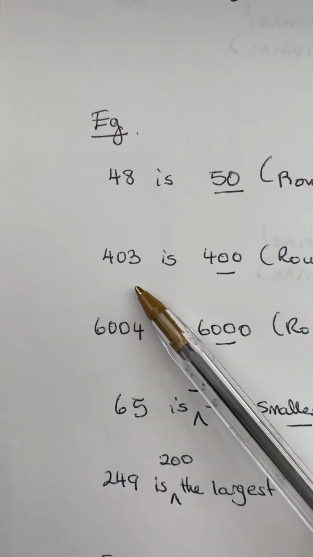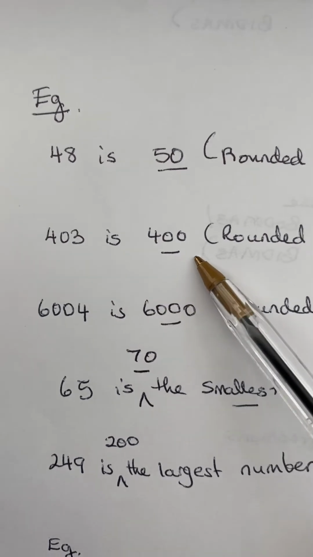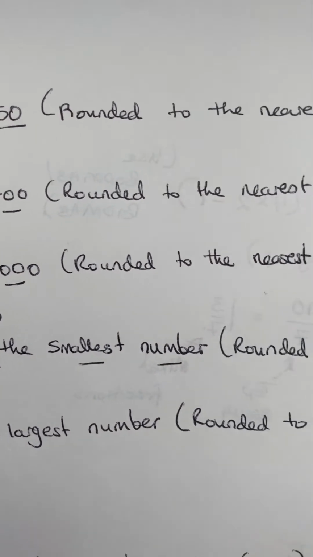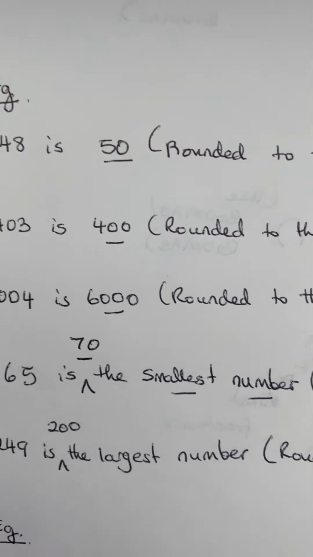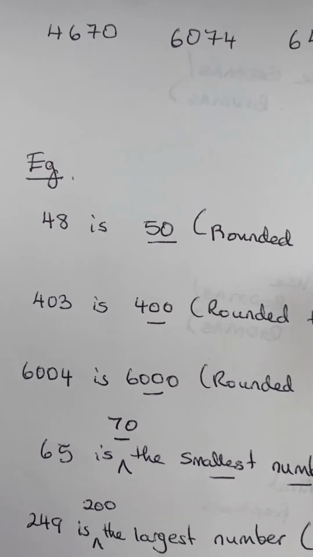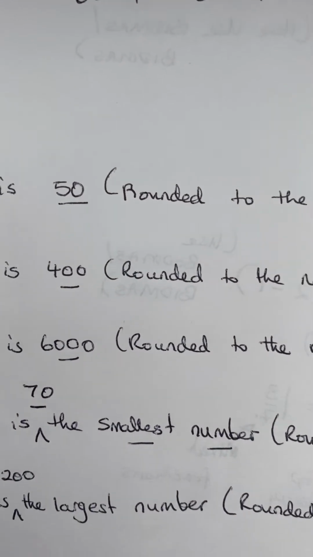Now 403 is 400 rounded to the nearest 100. Okay, 48 is 50 rounded to the nearest 10.